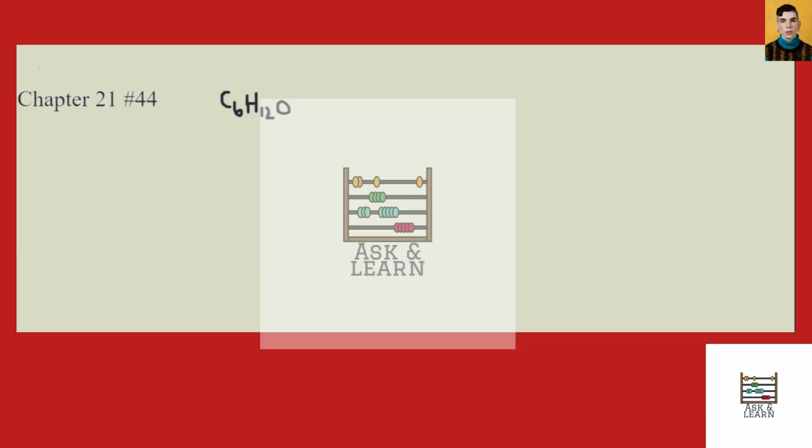This is the answer to Chapter 21, problem number 44 from the Smith Organic Chemistry textbook. This problem asks us to draw the 11 different aldehydes that can fulfill the formula C6H12O. And we're told to count stereoisomers as different aldehydes.